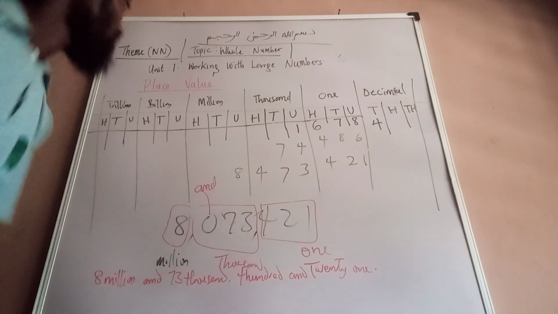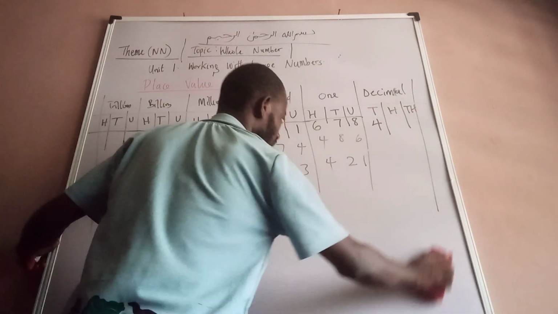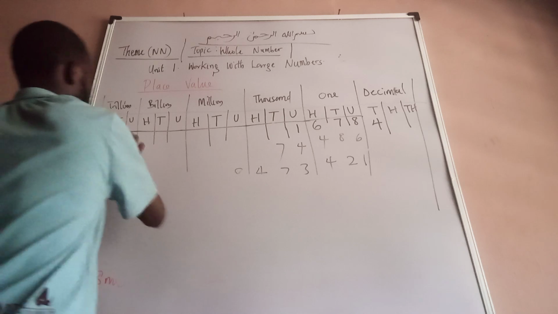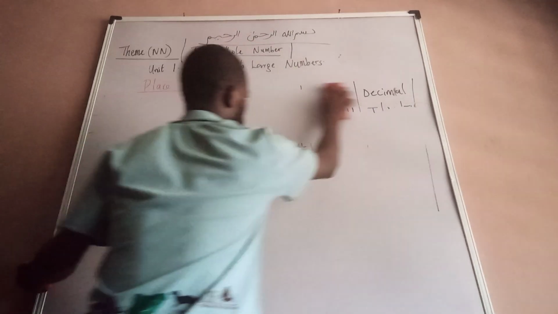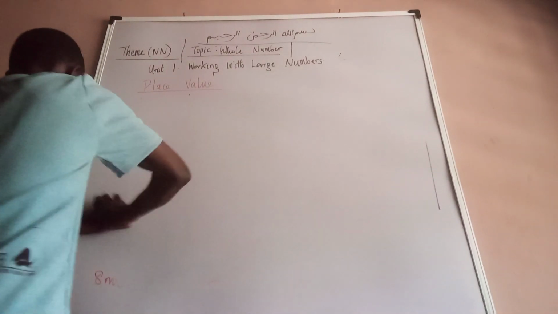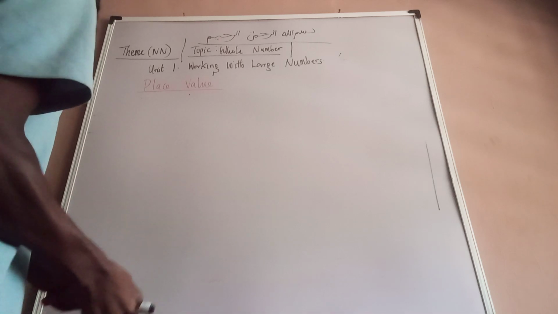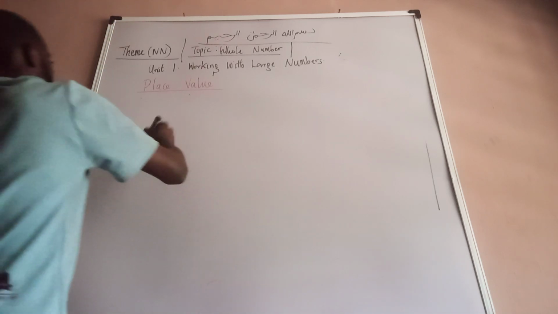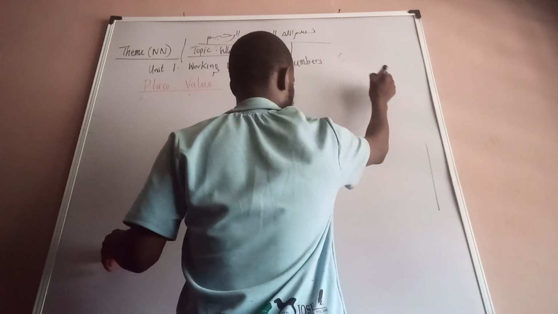Now, having done with this, another method, if you can't get this method anywhere, let's use another method that might be simpler for you to understand. You have it like this. Instead of writing it in full, you know, this one is decimal, right?